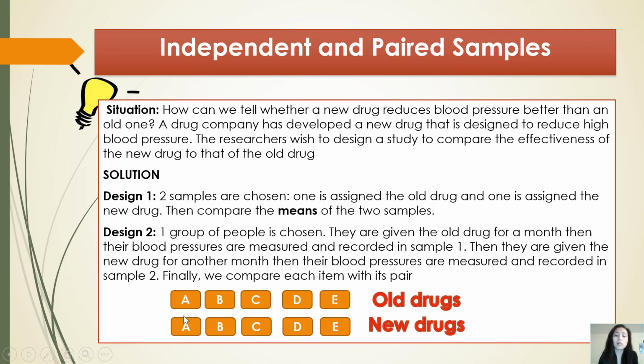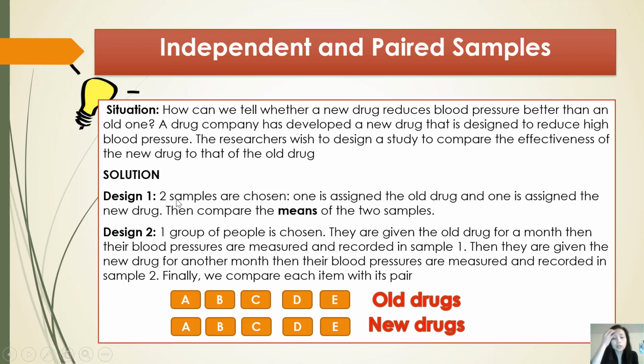We have to compare in the exact pair, in the same pair. Go back to design 1. For design 1, we don't care about the individual. We basically take the mean of the whole sample 1 and compare it with the mean of the whole sample 2. So that is the difference between design 1 and design 2.